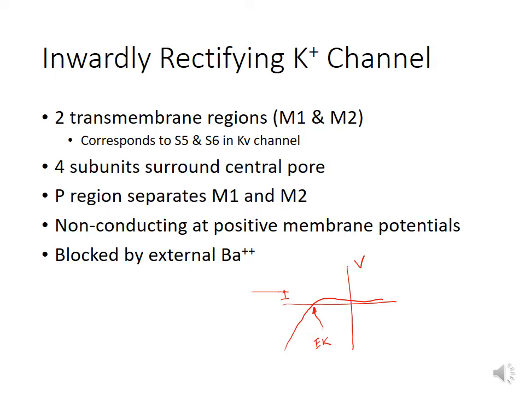They are also formed of 4 subunits coming together to form a pore. And again, one of the major properties of these channels is that they are less conducting at positive membrane potentials.